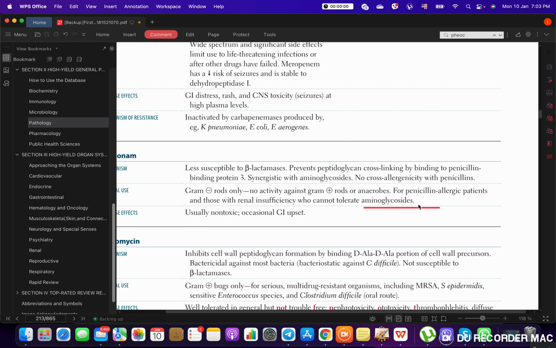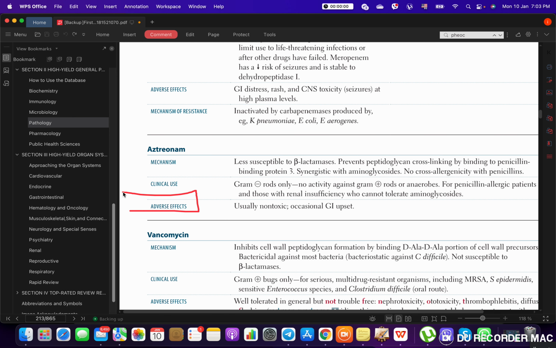Who cannot tolerate aminoglycoside? People with nephrotoxicity and people with ototoxicity, okay? They cannot tolerate aminoglycoside, or kidney failure, so you have to give aztreonam instead.